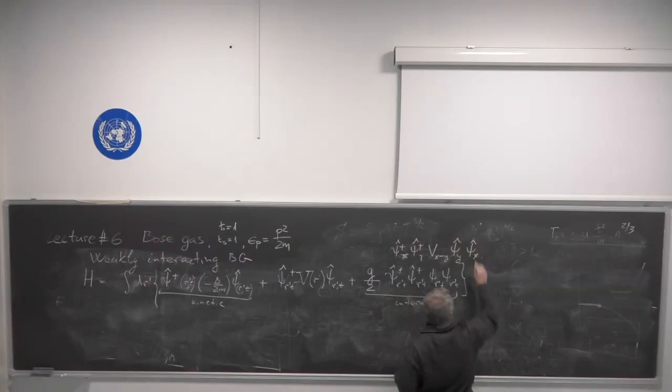But if I use as my interacting potential g times a delta function of x minus y, this is the so-called contact interaction, where I consider my particles point-like. Then, with the delta function, I come to this form.